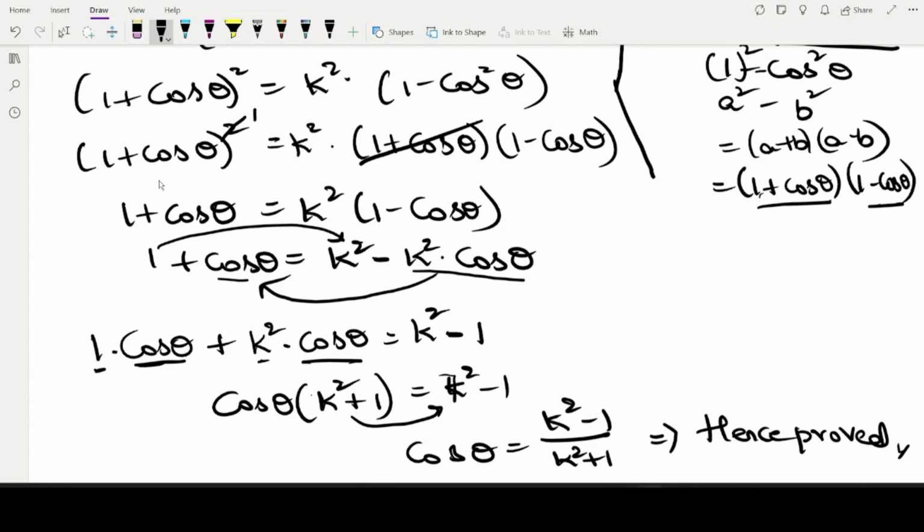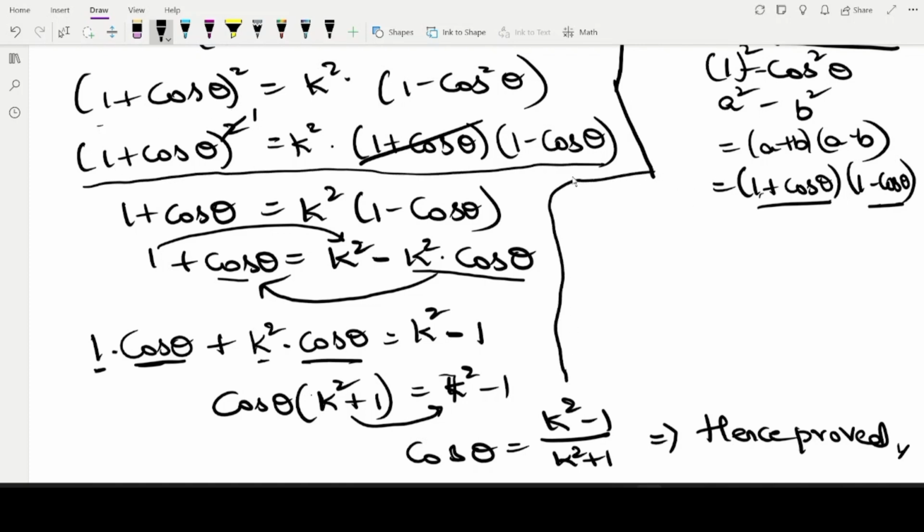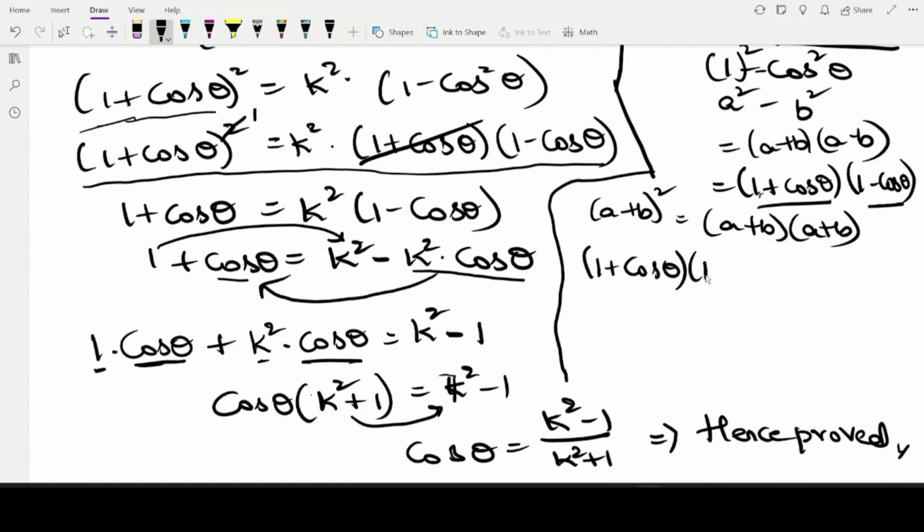Let me give a clarification on this step again, as there might be a few students who get confused. Let me write 1 plus cos theta whole square as a plus b whole square. We know that a plus b whole square can be written as a plus b into a plus b. So we can write it as 1 plus cos theta into 1 plus cos theta.